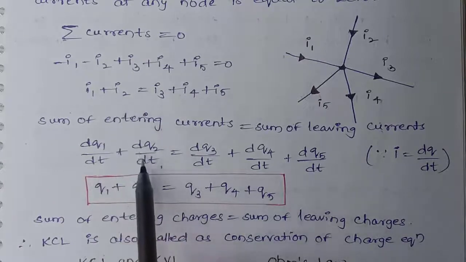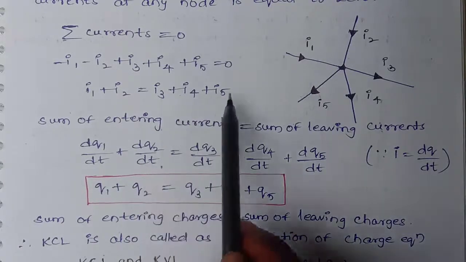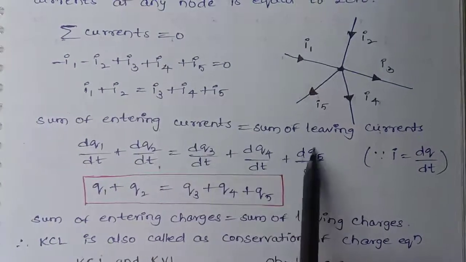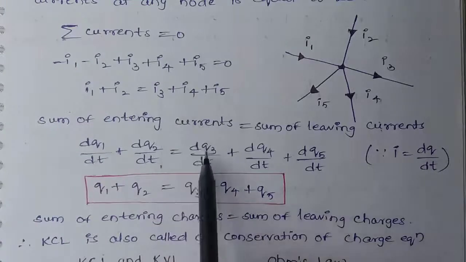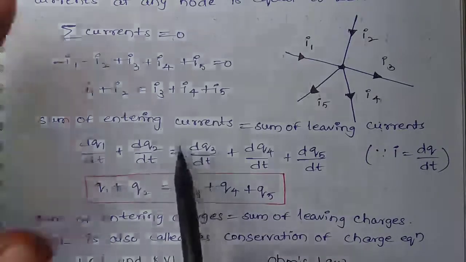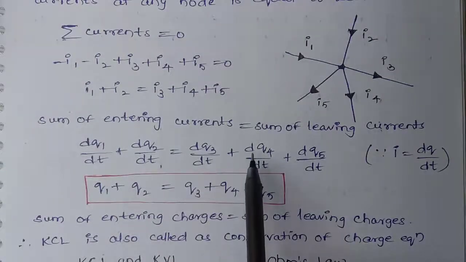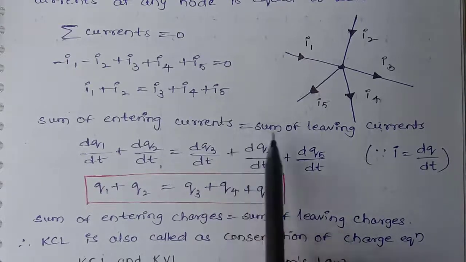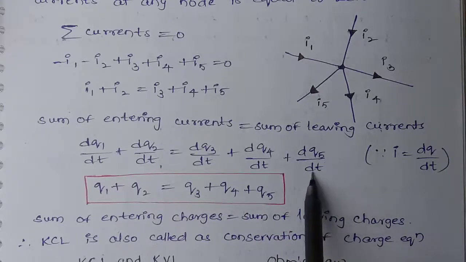Similarly I2 will become dq2 divided by dt. Similarly I3 will become dq3 divided by dt, I4 will become dq4 divided by dt, and I5 will become dq5 divided by dt.